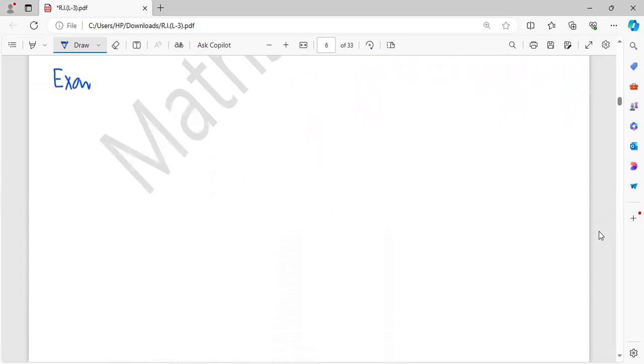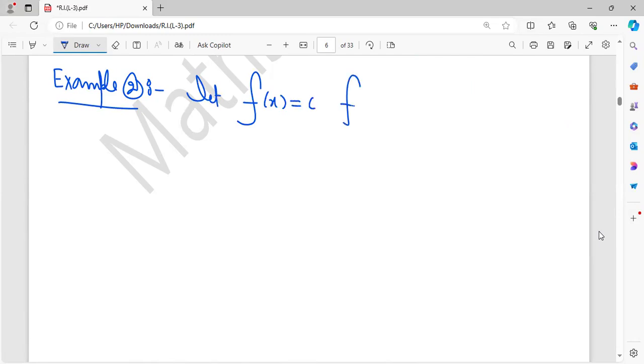Okay. So now move to the next example. Example 2. Let f(x) be equal to c for all x belonging to the closed interval [a, b].